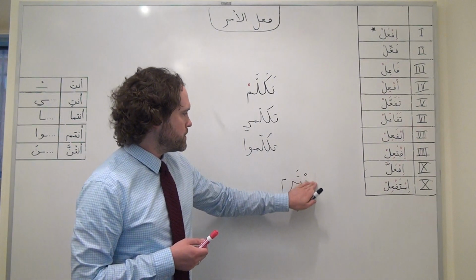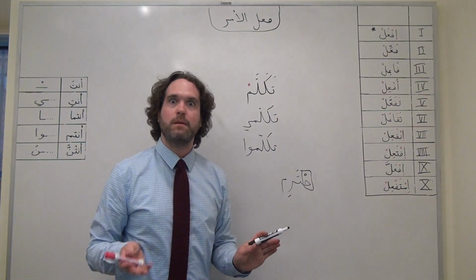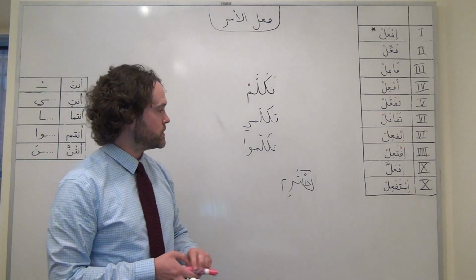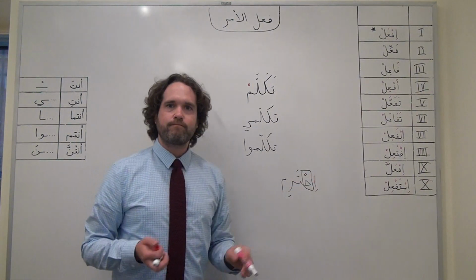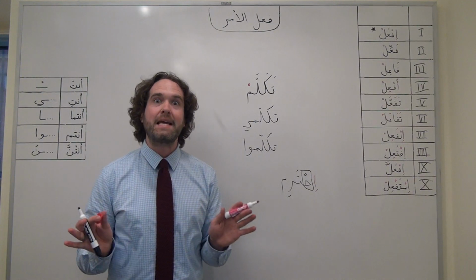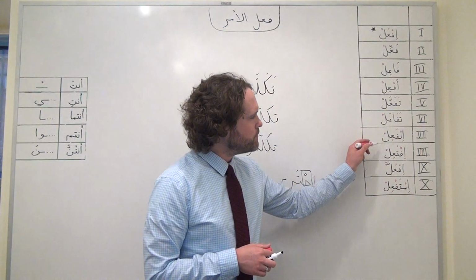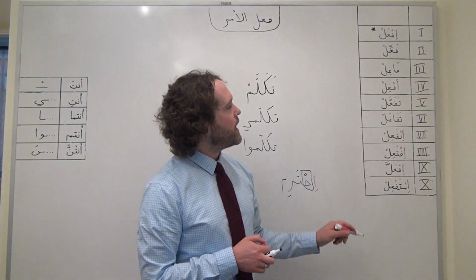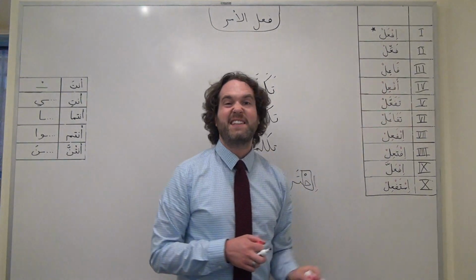But then if I drop this ta, I'm left with a ha that has a sukoon on it, and that can't be done, not in formal Arabic. So the solution is to just add an alif with a kasra at the beginning, and that allows me to maintain consistency and conform to the rules of Arabic. Notice that these 4 forms, 7 through 10, have a kasra, and form 4 has a fatha instead.